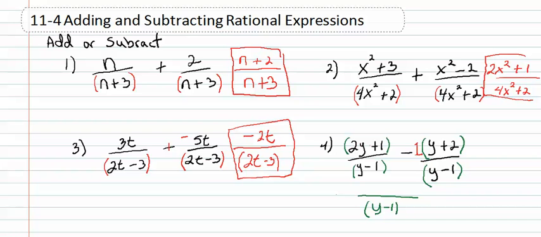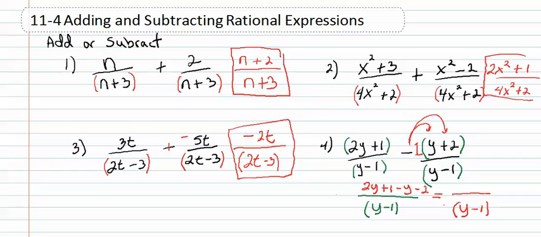Over here, I have a 2y plus 1. But on this part of our problem, we need to distribute that negative 1. So negative 1 times y is negative y. Negative 1 times 2 is negative 2. I still have y minus 1 at the bottom.